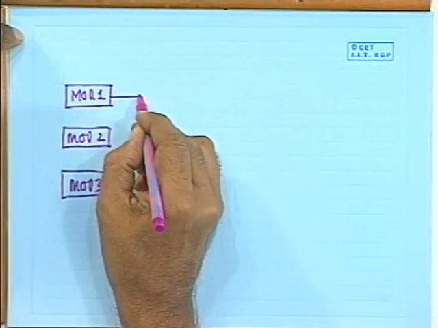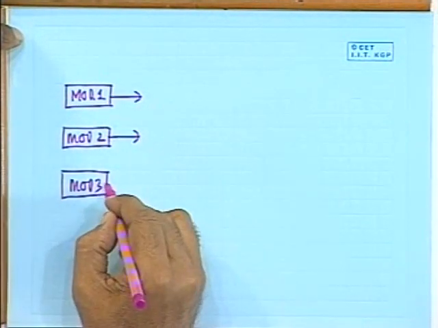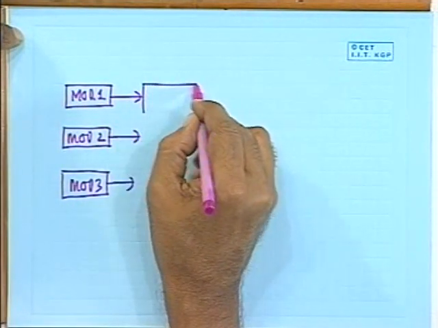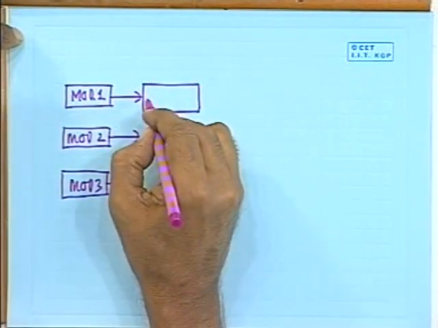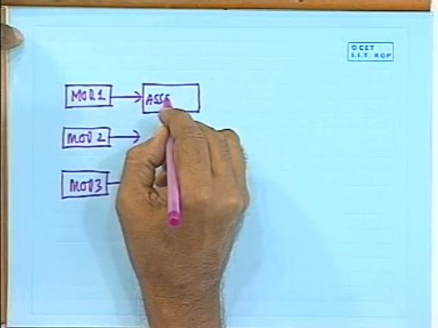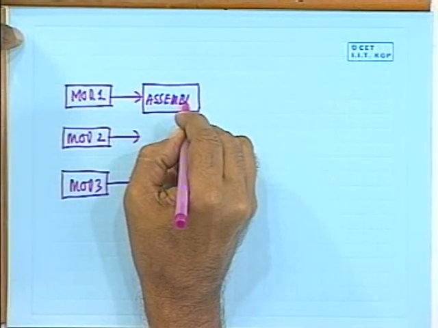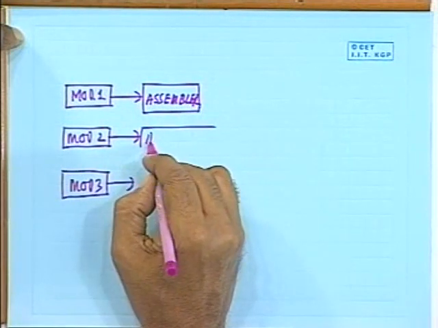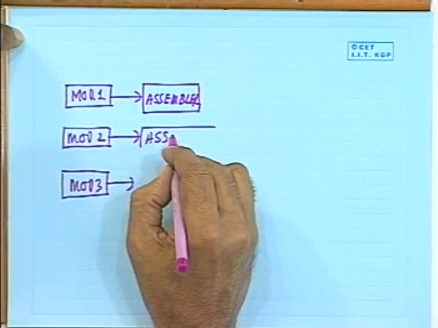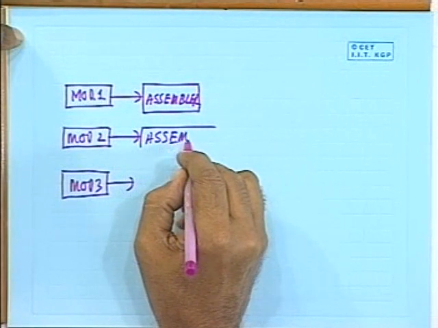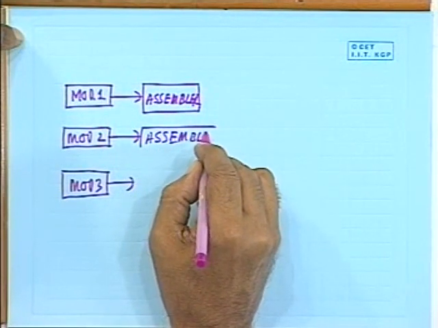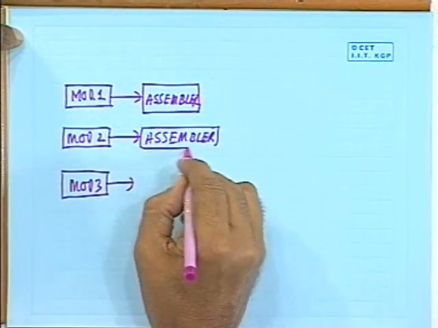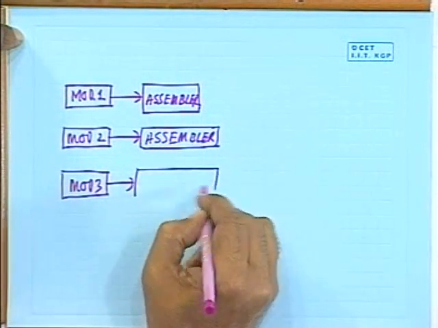Each module will be written in assembly language, and you have to apply it to the assembler. So this will go to the assembler. Each of them will be separately applied to the assembler and assembled separately.